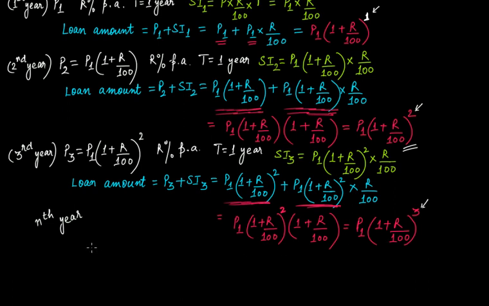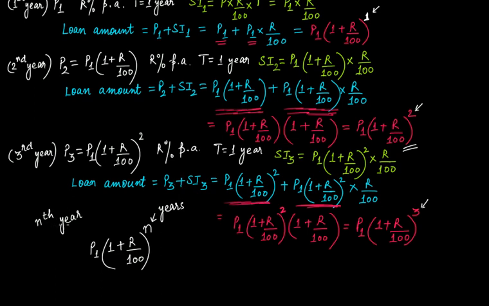Yes, simply write it as P1 multiplied by (1 plus R by 100) and put the power n. What's n? n will tell you the number of years asked in the question.